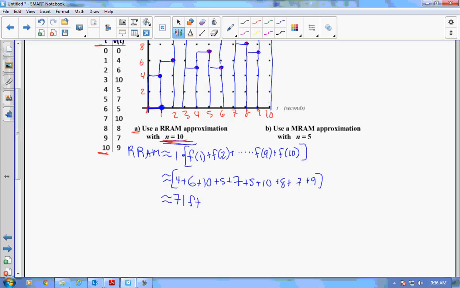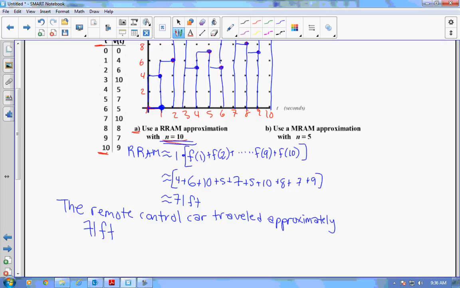Okay, so this answer would be, because it's a story problem, what are we talking about? Of what? The elephant? Yeah, the remote control car traveled approximately, remember this is an approximation, 71, is it feet squared that he travels?